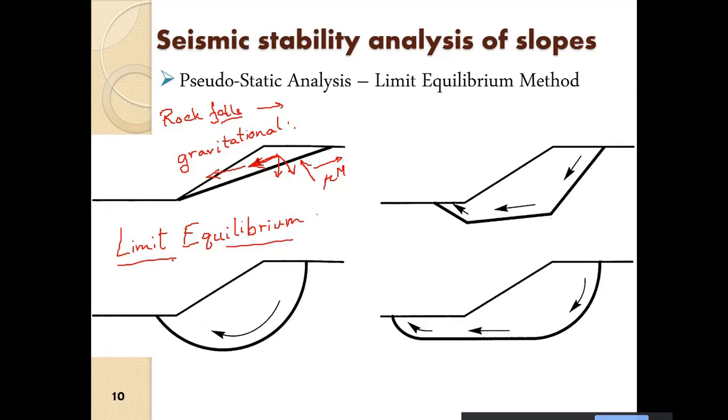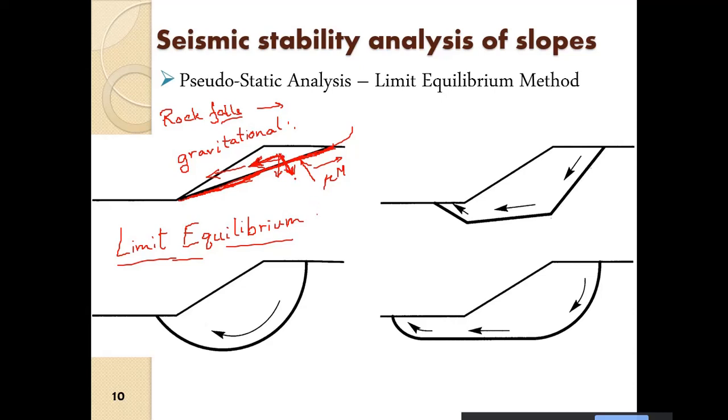In limit equilibrium, we find out what the different forces are, and we assume that the soil is about to fail or slide out across a failure plane. The first step is to assume the failure slip surface. After assuming this slip surface, we find out the normal component and the tangential component on it.